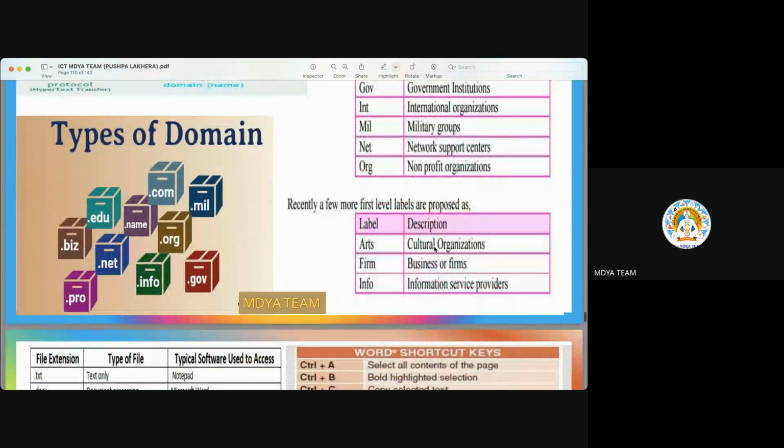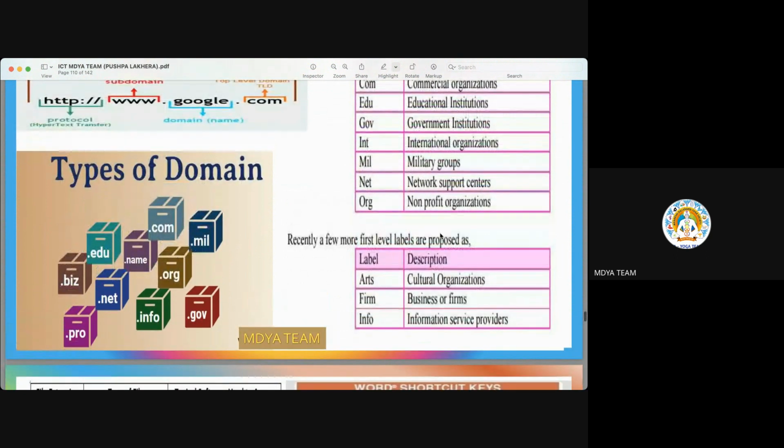So there are various types of domain. Recently a few more were proposed, like .arts for cultural organizations, .firm for businesses or firms, and .info for information service providers.